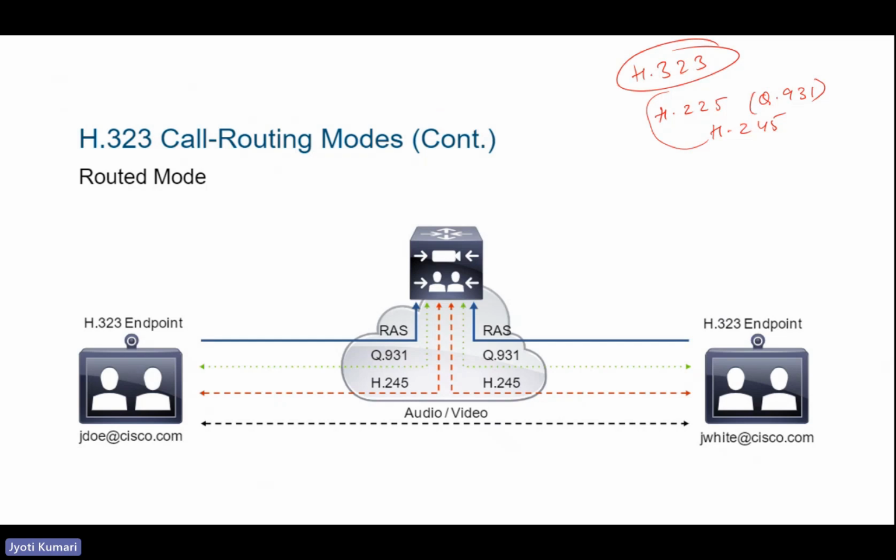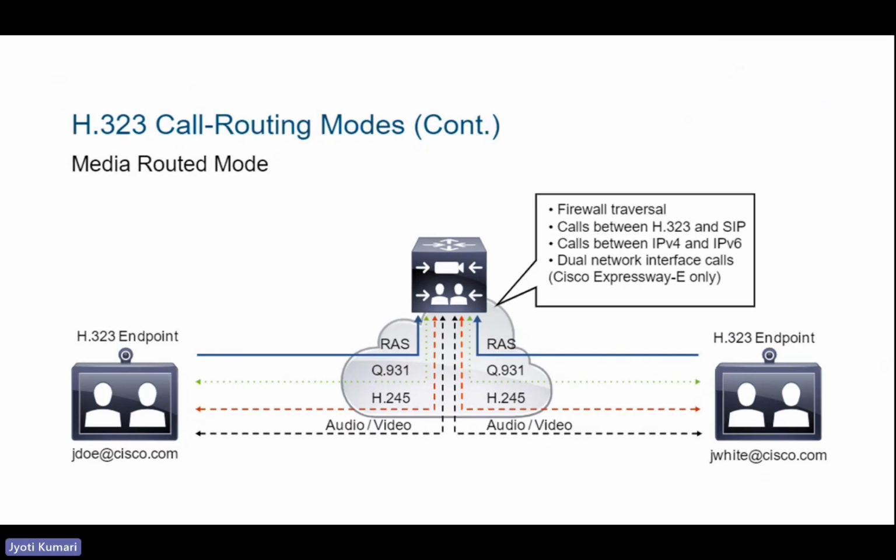Media routed mode requires all the signaling and media to route through Expressway C, which is not the case in direct or non-routed mode. Then we have media routed mode. In media routed mode, this is used whenever a change is needed, either in signaling or media.